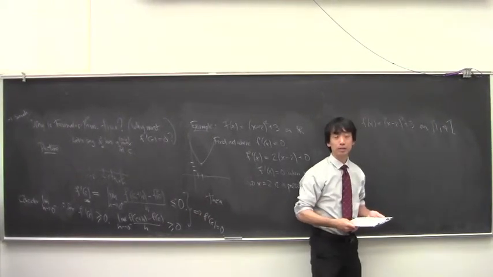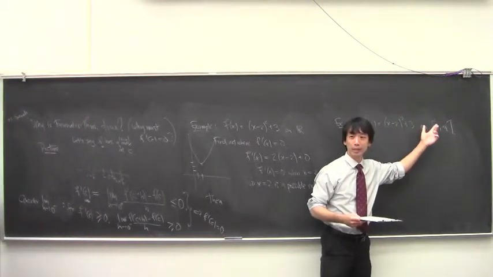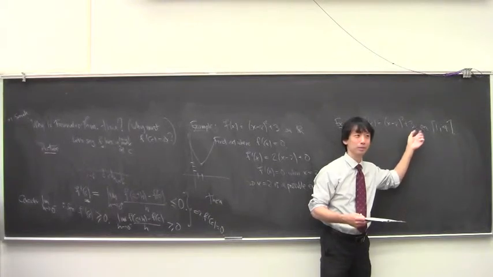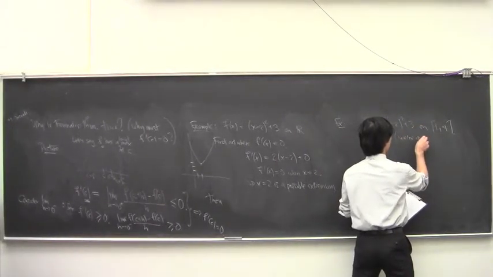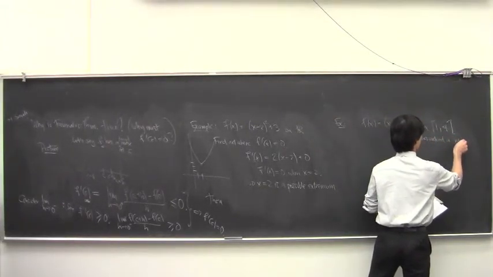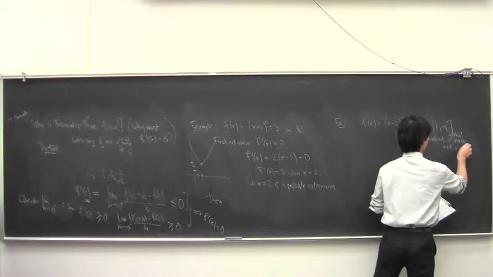Now that we're on [1, 4], we know that there's going to be an absolute max and an absolute min. There's going to be a global max and global min. So we're guaranteed a global max and a global min.